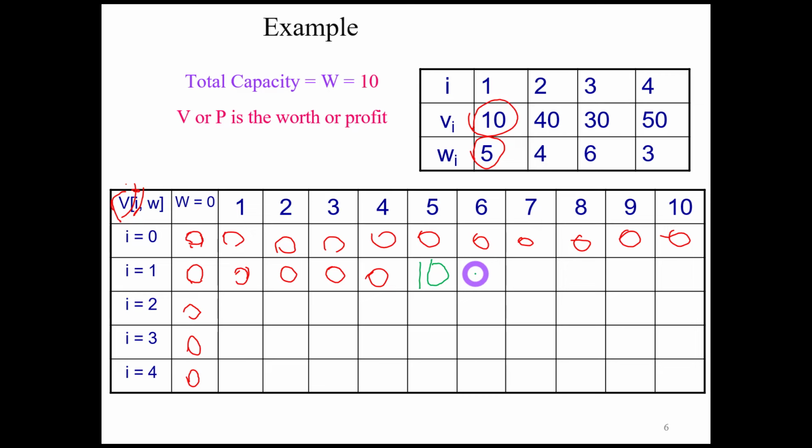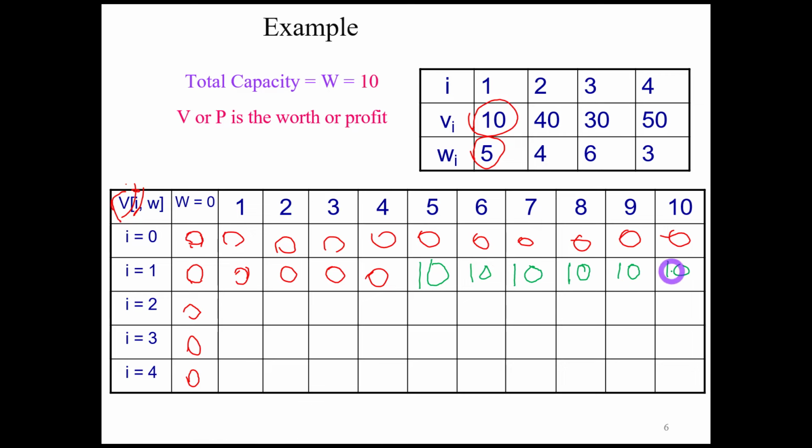So the value here will be 10. Similarly, even if the allowed capacity is 7, I will only be keeping item number 1 because I'm only allowed with that. Similarly, it will go on till here, but I will also do it with the formula. Let's do that.